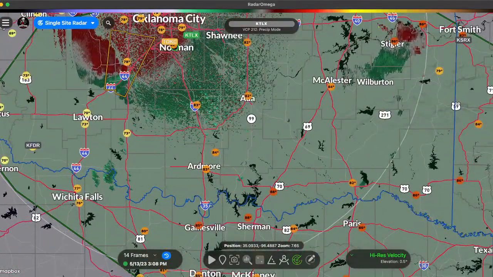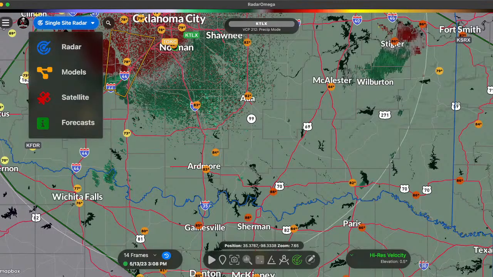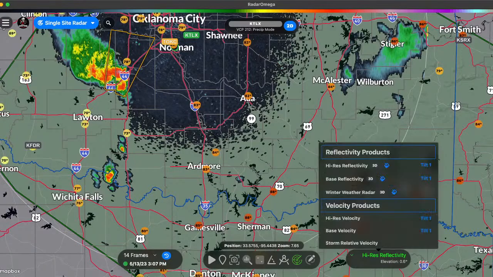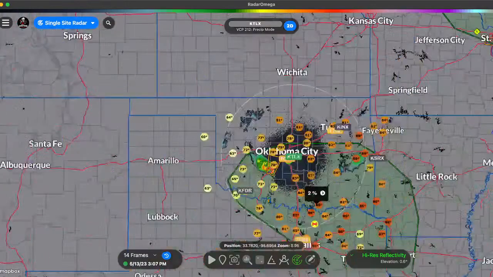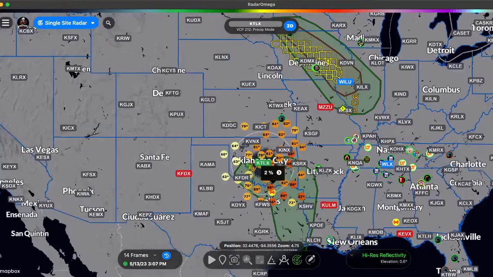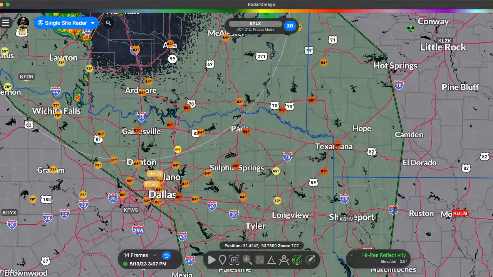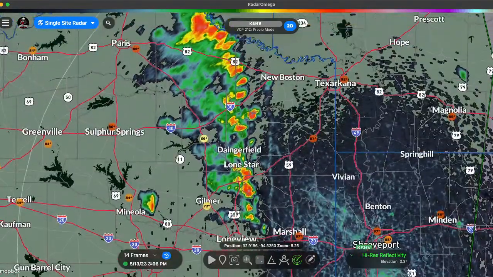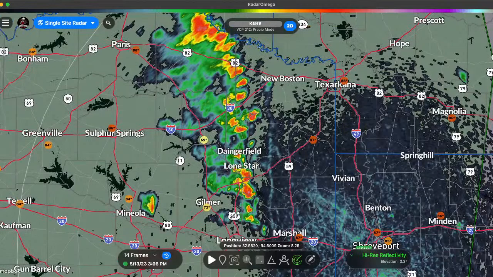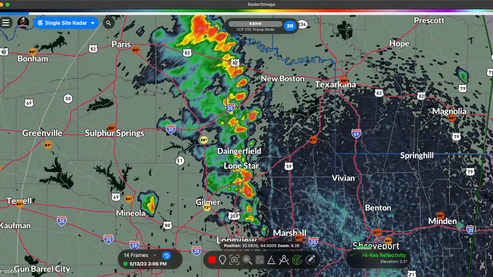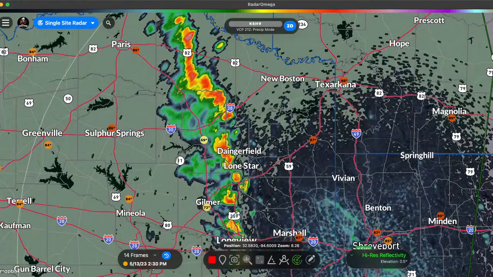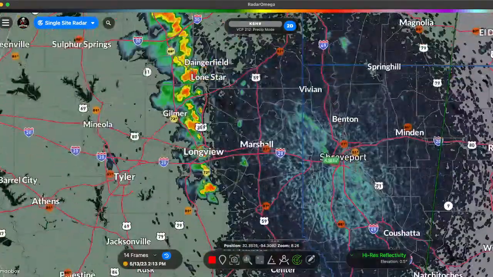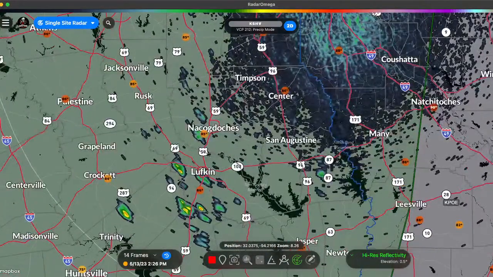All right, let's go back down here to my neck of the woods. Wrong one. There we go. These are the storms in my area, which are just heavy showers. Nothing really severe with these. What I'll be watching for is some of these down south.